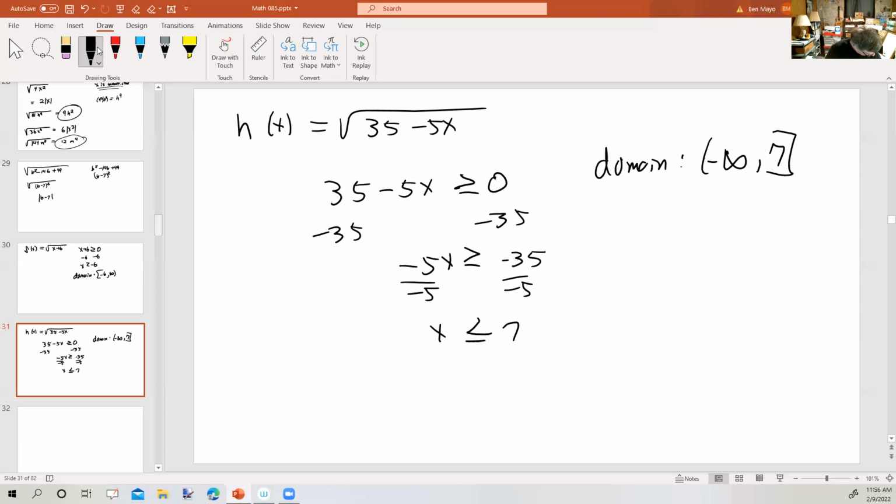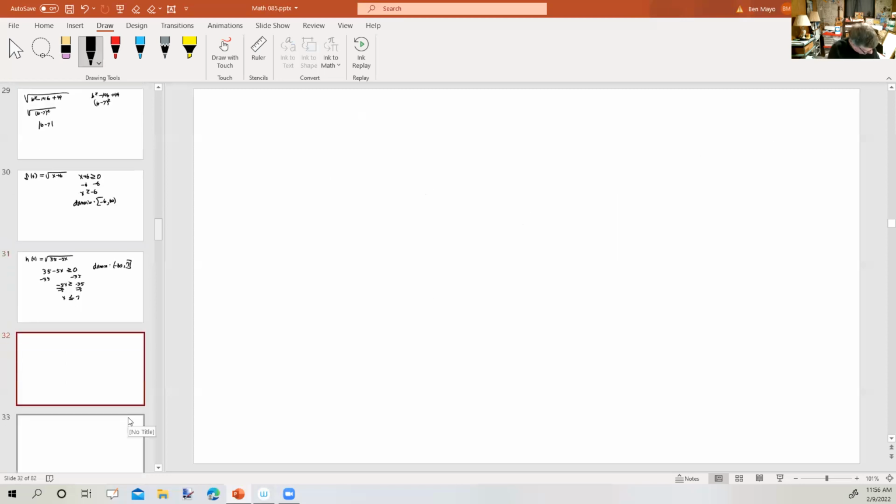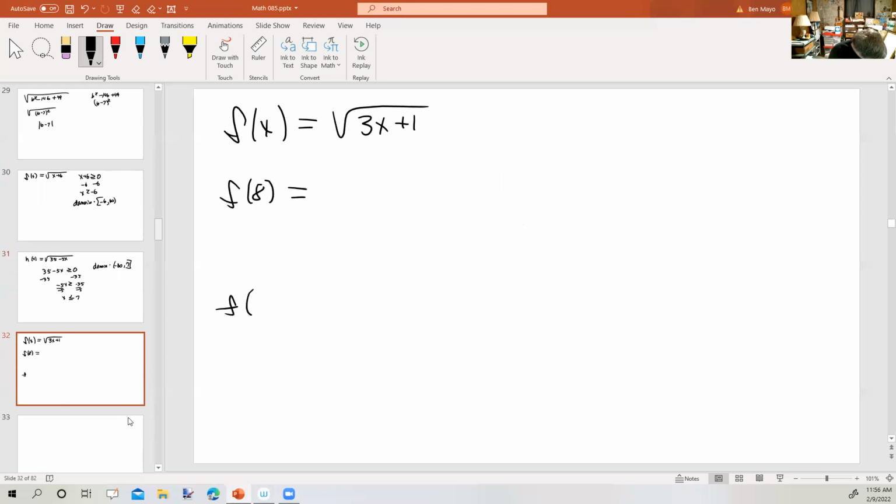Okay. Now, this says find each function value. So we've got f of x equals the square root of 3x plus 1. They want us to find f of 8 and f of -2.